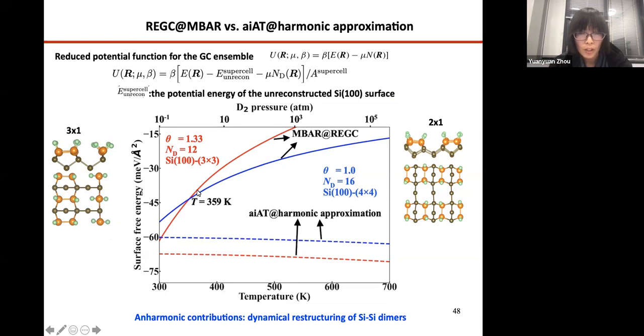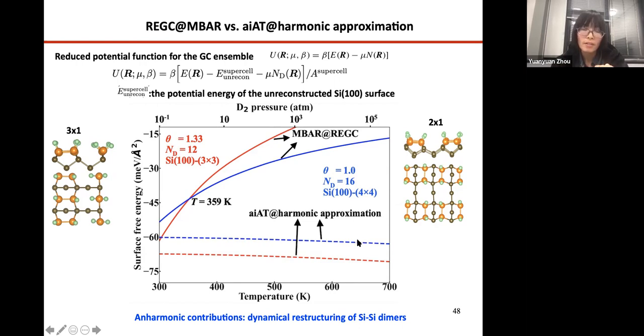After the temperature goes higher than 359, the coverage of 1 becomes more and more stable. This is consistent with experimental observations that a 3x1 adsorption pattern is found stable around 308 Kelvin, and after a mild anneal to 600 Kelvin, it becomes a 2x1 adsorption pattern.